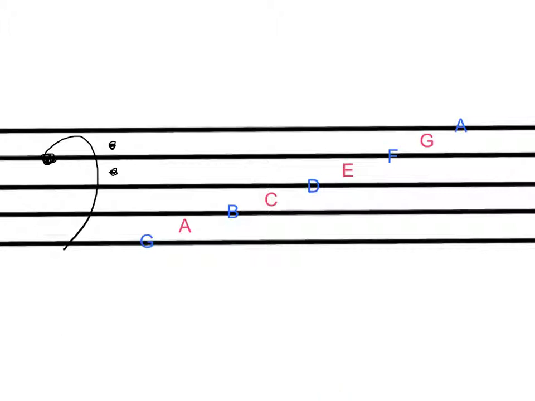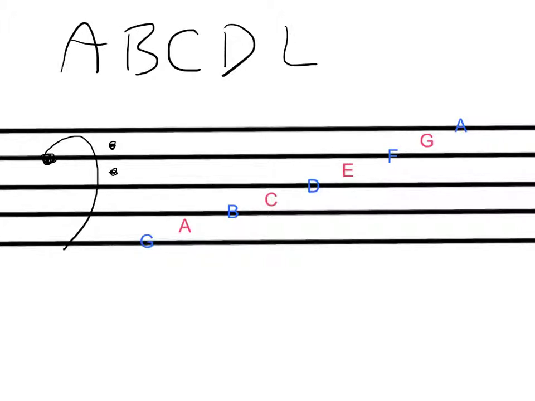Now, the other thing I want to point out is how the alphabet goes forwards and backwards on a staff. So if I draw the alphabet up here, you can use this rule to sort of figure out any notes that you don't know on the staff. So if you come across a note in your music you've never seen before, this is how you figure out the letter names.